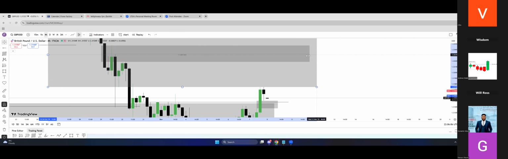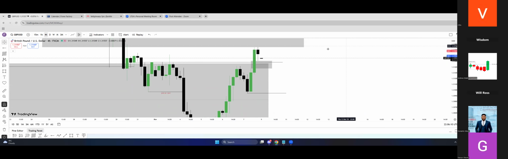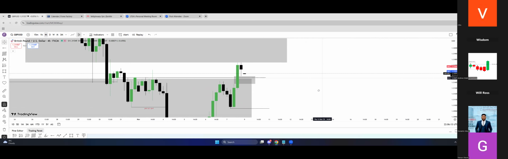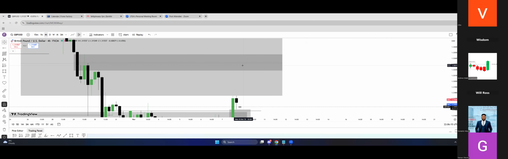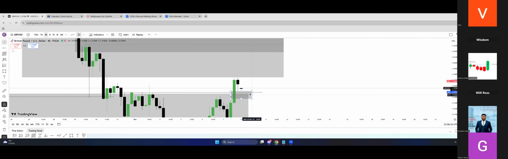I would like price to come into this area and start moving up into this inefficiency. Even if it wants to start selling from this inefficiency, maybe during London or New York, it doesn't matter. But I would like price to first move into this area, then trade into this inefficiency. That is what I would like.